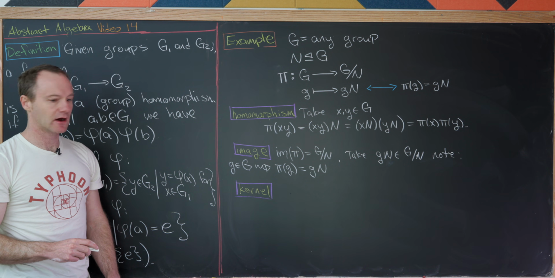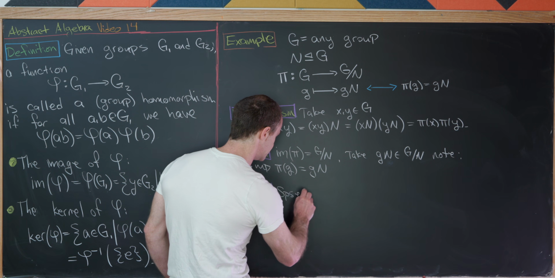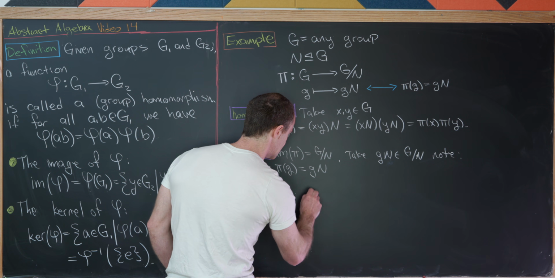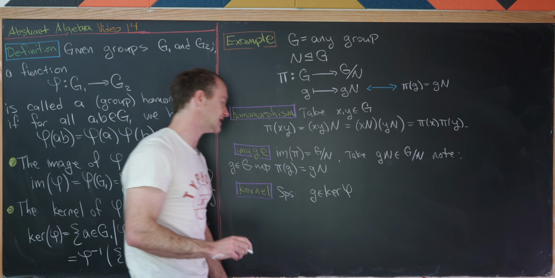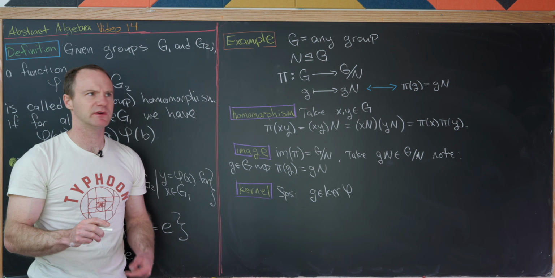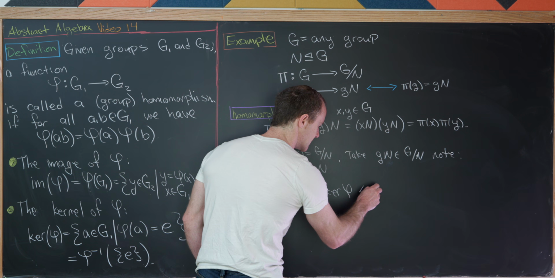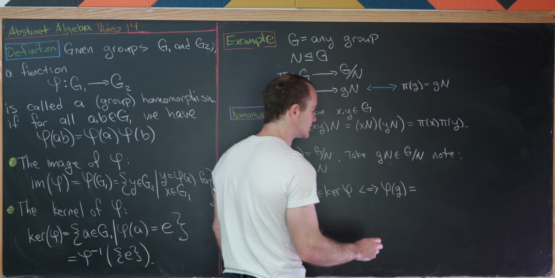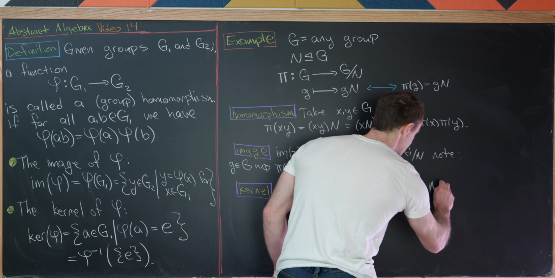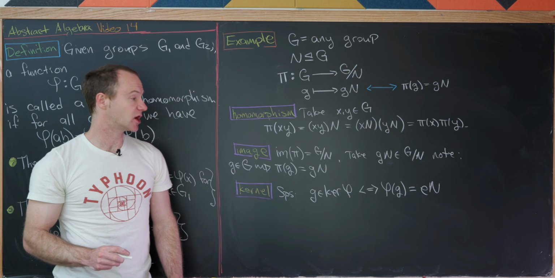Okay, now let's look at the kernel. So let's suppose that we've got a g inside of the kernel of pi, and let's see what that means about our g. Can we get some more structure into this g? Notice that is equivalent to saying that pi of g is equal to the identity in G mod N. But let's recall that'll just be the identity coset.